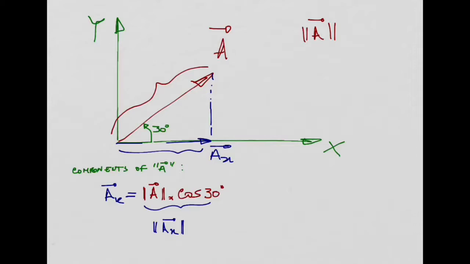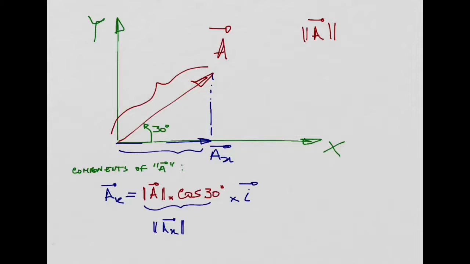That's how you project a vector along a specific direction. So this is the norm, the scalar. I need now to multiply this by the unit vector i, so that this length is applied over my x-axis. So I get the direction, right?